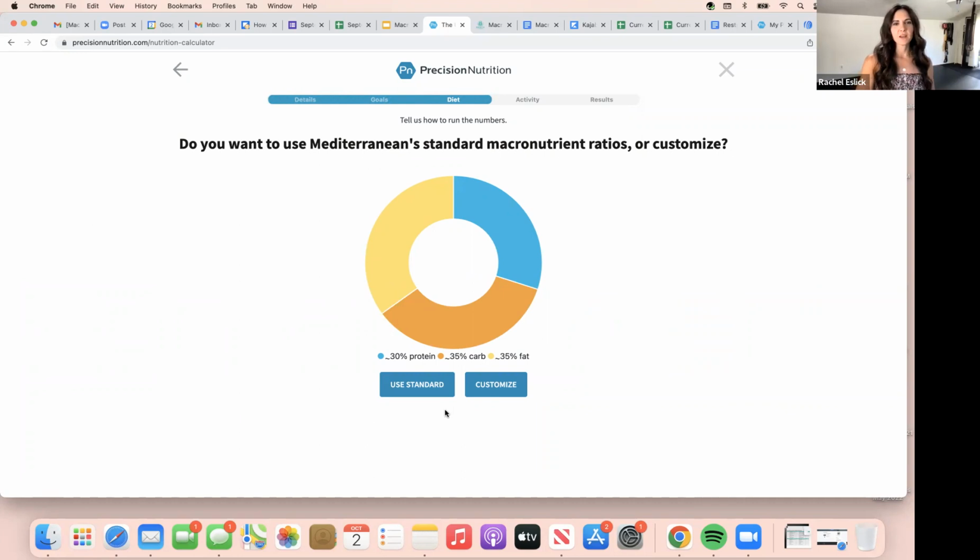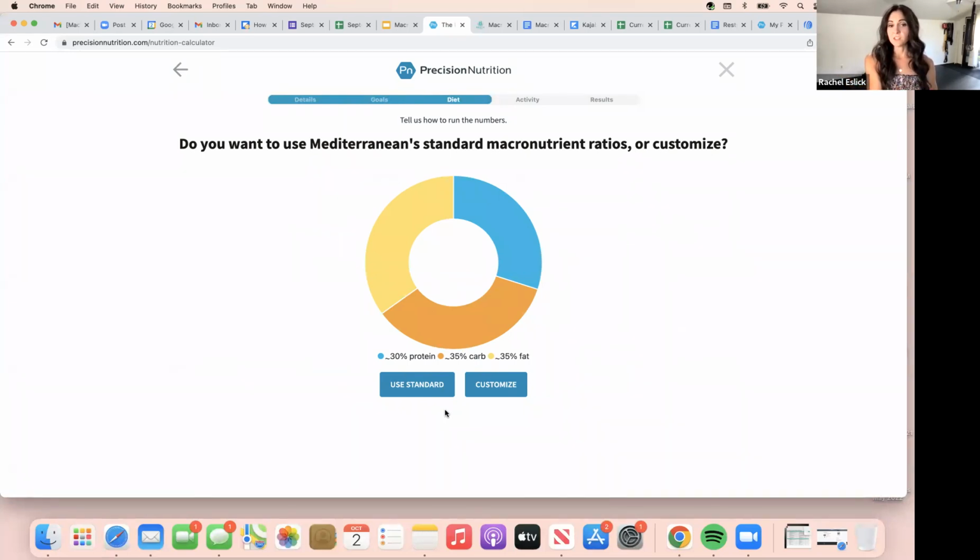Okay, so this is just asking, do you want to use the Mediterranean diet standard macronutrients? I would suggest yes, because just taking a look at this, it is a balanced approach. So 30% protein and then a split of carbs and fat. If someone were to select ketogenic, it would be much higher in fat and much lower in carbs.